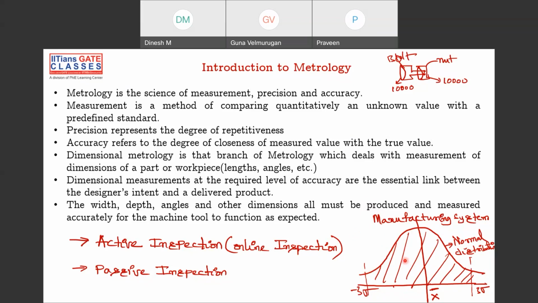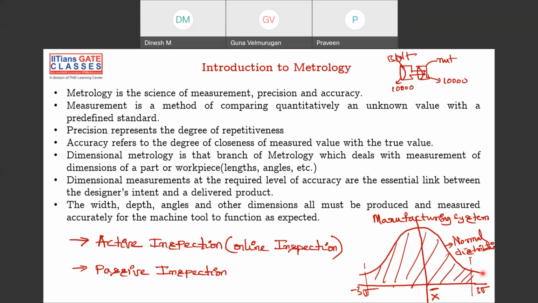In that, the important thing is that this is the mean value, which is nothing but the true value or the design value. And this sigma is the standard deviation, which is your consistency. So precision is with the sigma, and accuracy is with the mean value. If your value is exactly at the mean, then you're very close. If your value is a little away, then you're not close.